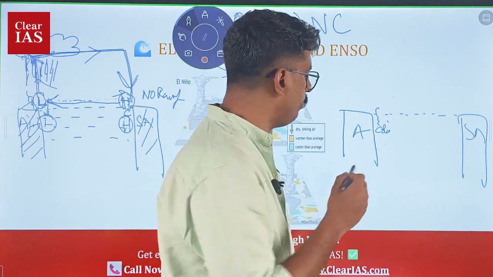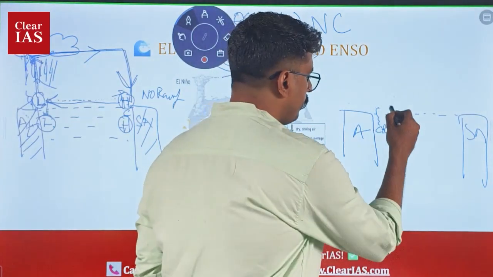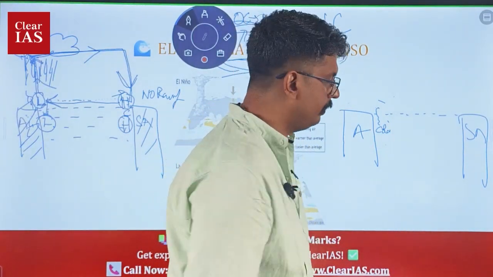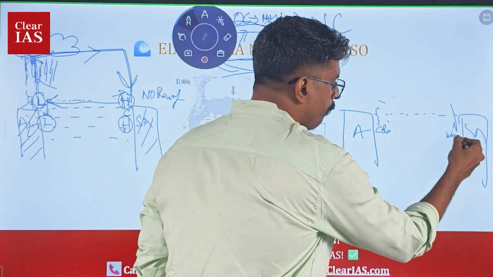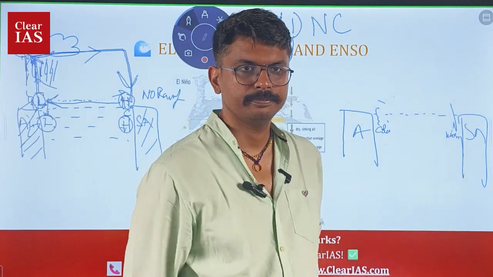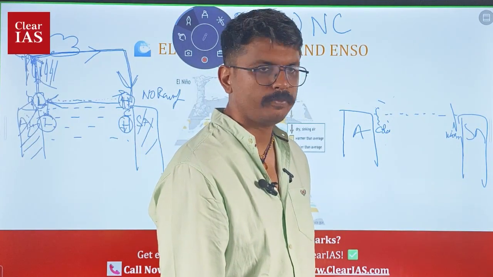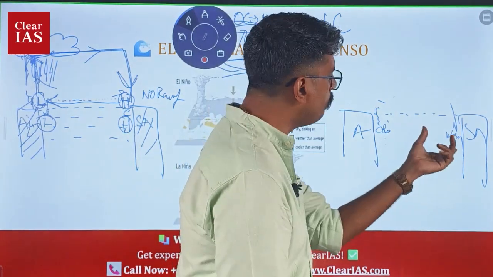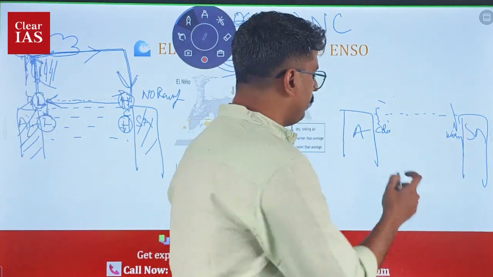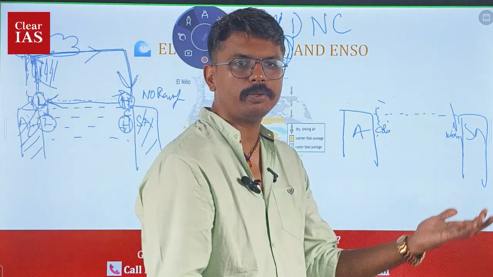Before, in the normal condition, it was a warm current, right? So now the warm current is replaced by a cold current. And here you have a comparatively warm current. Okay? It is reversed. We don't know the reason. And warm and cold are comparative temperatures, the temperature of this compared to the temperature of this. That's how we call it warm and cold.